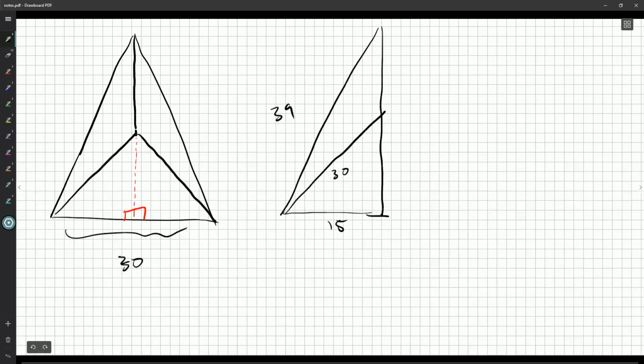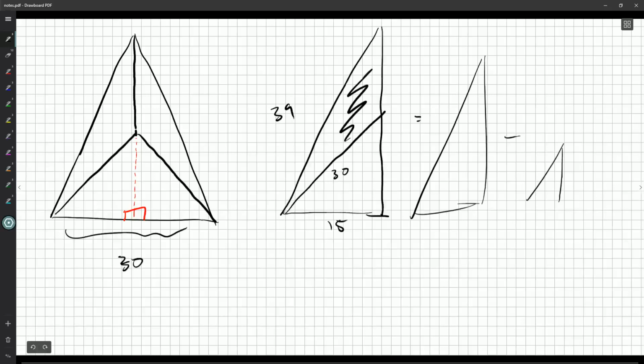Now, a nice way to find the area that we're looking for is to take the big area and subtract off this smaller right-angle triangle. Both of them are, in fact, right-angle triangles. Both of them have a base of 15, and we're given their hypotenuses, 30 and 39. Well, we don't use the hypotenuse to find the area of a triangle. We use the height, the altitude. But we can use the Pythagorean theorem to work this out.